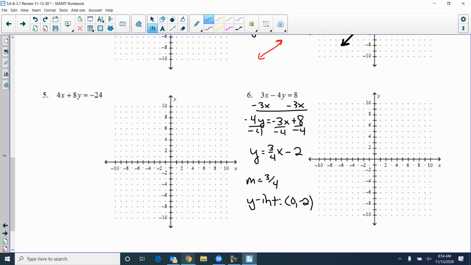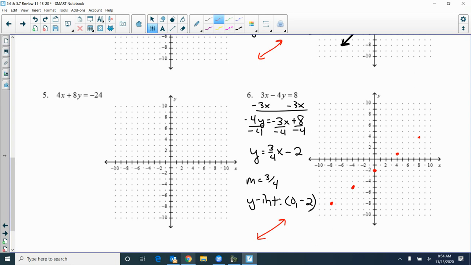So go to negative 2 and put a dot. Again, our slope is positive, which means it has to go uphill. So go up 3, 1, 2, 3, and over 1, 2, 3, 4. Go up 3, over 4, down 3, over 4, down 3, and over 4.